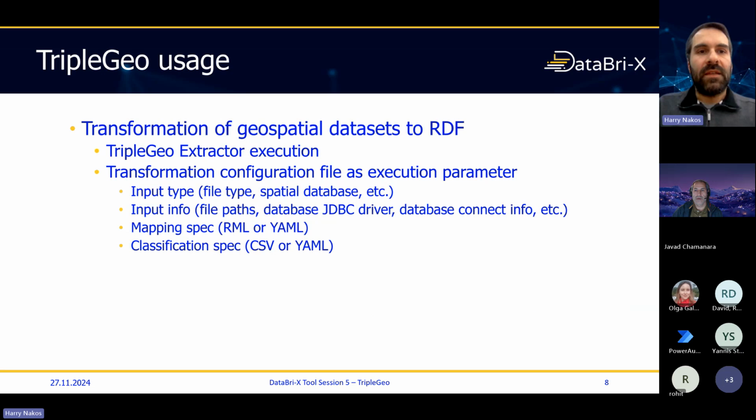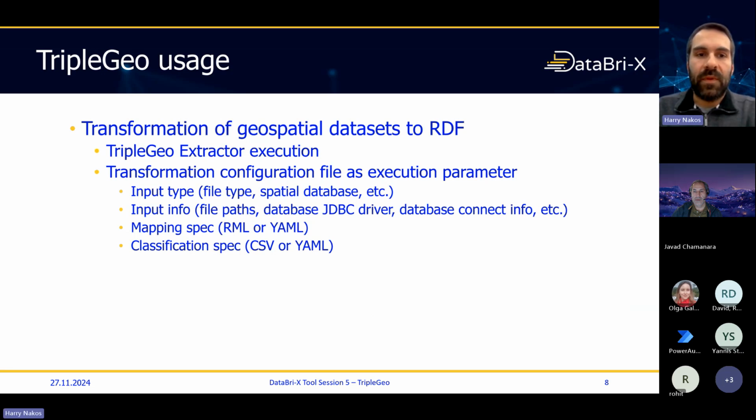So how exactly does this transformation work? TripleGeo has the two functions, as we mentioned: the extractor and the reverse extractor. The input that the extractor receives is a configuration file that drives the transformation.